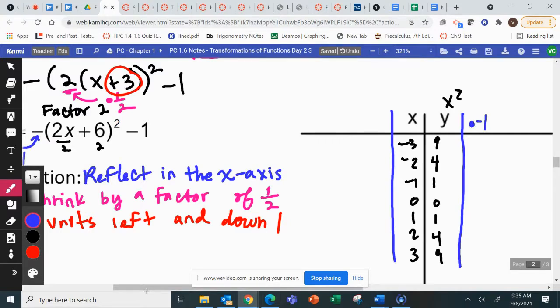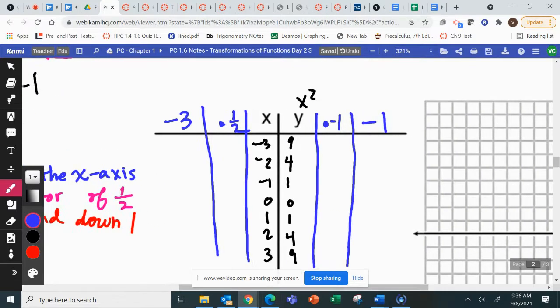On the x side, I'm multiplying by a 1/2. Then after multiplication, it's adding or subtracting. On the x side, I'm subtracting 3 to make it go left. On the y side, subtracting 1 to make it go down. Well, now I just have some quick math to do.